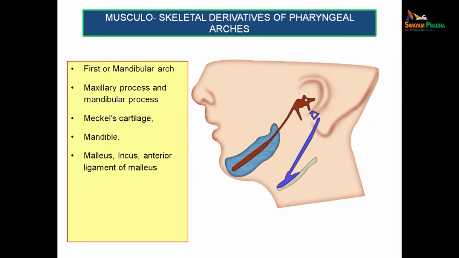Malleus and incus are the small bones found inside the ear. They are the ear ossicles, and there are mainly 3 ear ossicles, out of which the 2, that is the malleus and incus, are derived from the first arch. Along with that, you will get the anterior ligament of malleus as well as sphenomandibular ligament formed within the first pharyngeal arch.